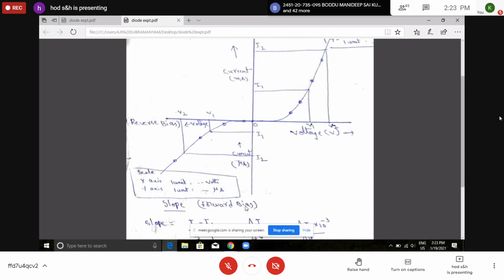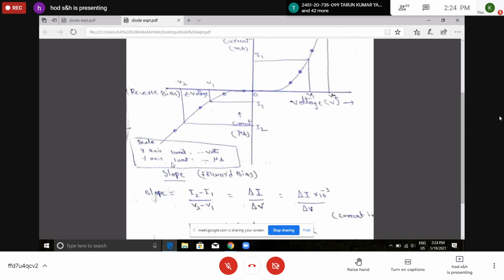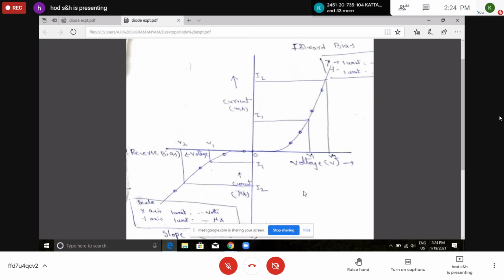You see the minimum value and maximum value, frame the scale, and write it: x-axis, 1 unit is equal to some volts, y-axis, 1 unit is equal to some microamps. Take it uniformly. It must be written for both forward bias and reverse bias. Once you join the points, you will get the characteristic curve for forward bias as well as reverse bias.